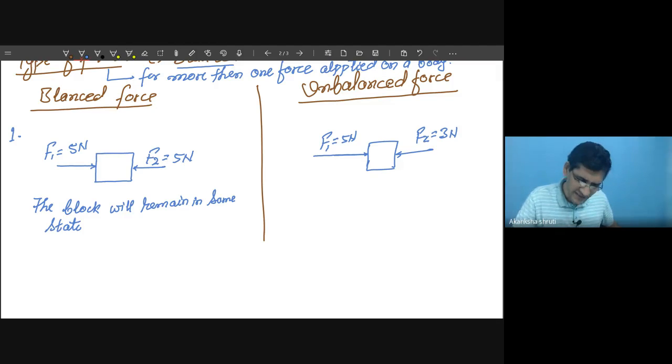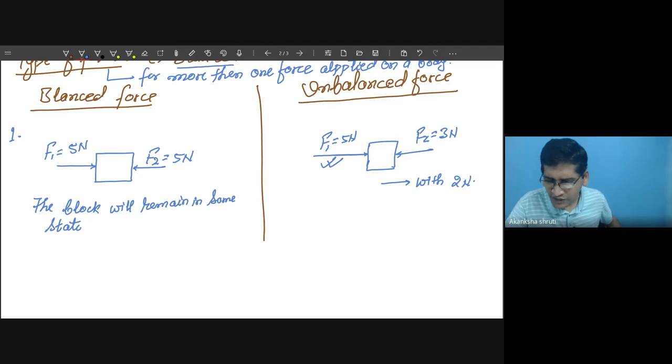So in this case, this block is able to move rightward, with a net force of 2 Newton. Because this 3 Newton will get cancelled from this 5 Newton, still we are left with this 2 Newton. So with this 2 Newton only, this object is able to move rightward.